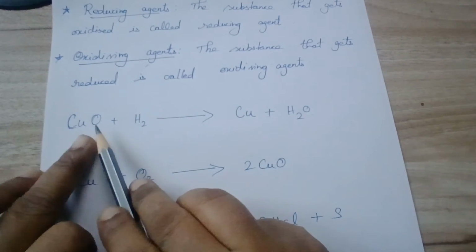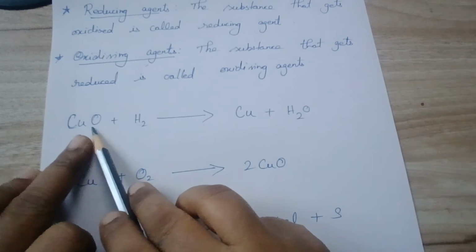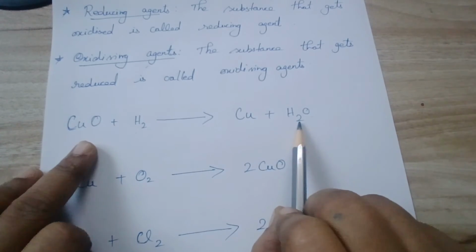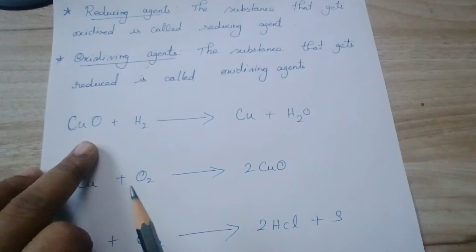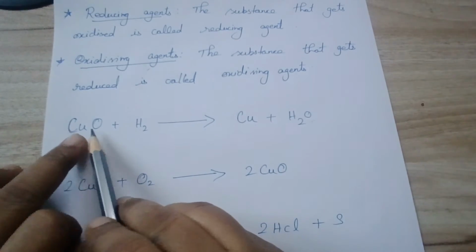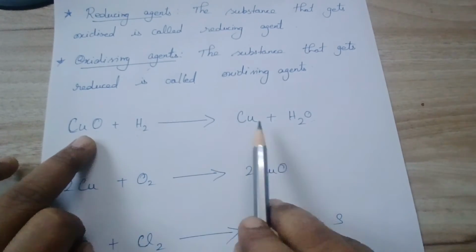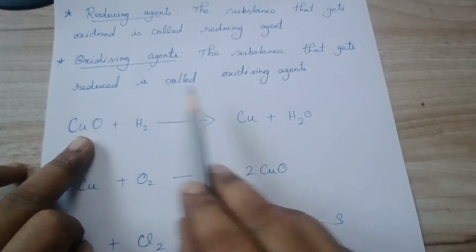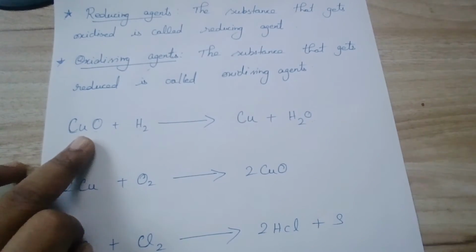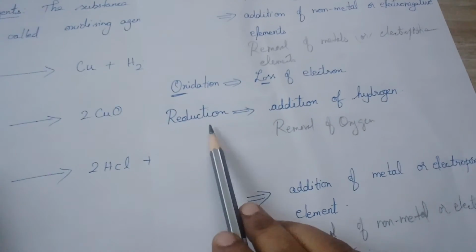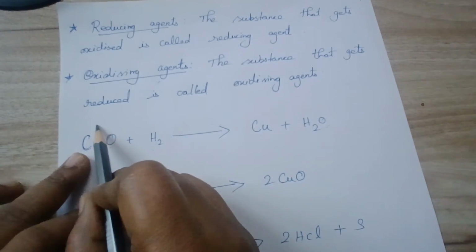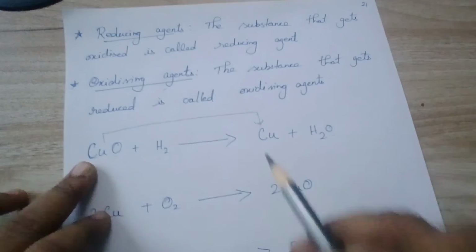Here the copper is already combined with the oxygen, and now it becomes copper. That means removal of oxygen takes place. Removal of oxygen means reduction. This copper oxide is reduced to copper.